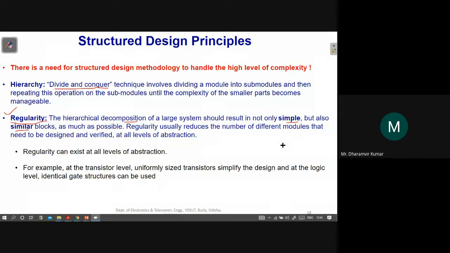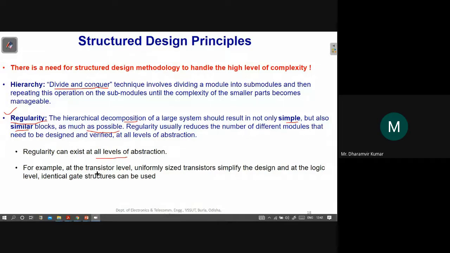Just an example. We should do it as much as possible, although it is not achievable all the time. Regularity usually reduces the number of difficult modules that need to be designed and verified at all levels of abstraction. It can exist at all levels of abstraction.